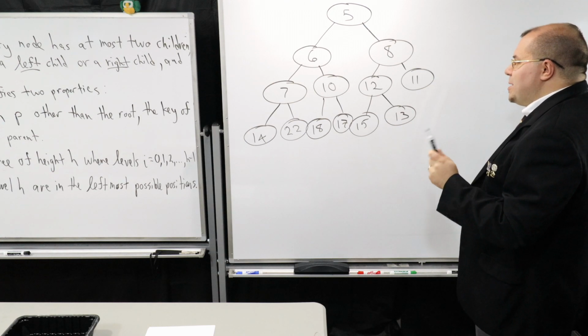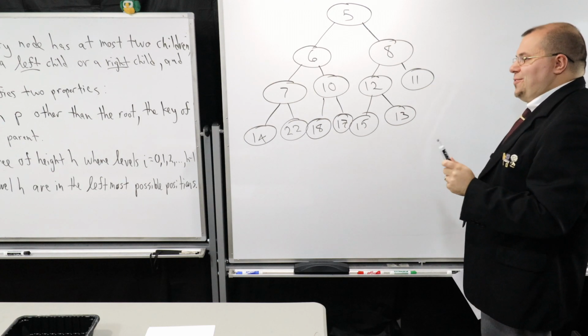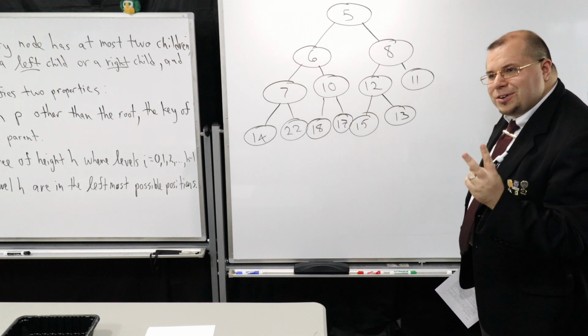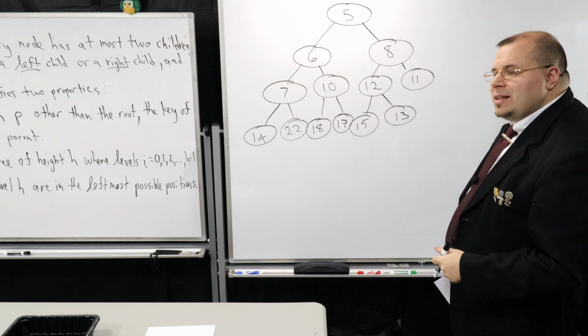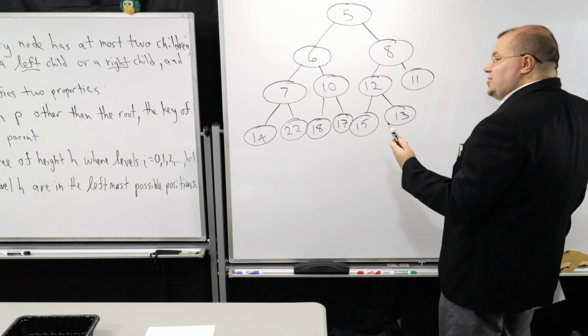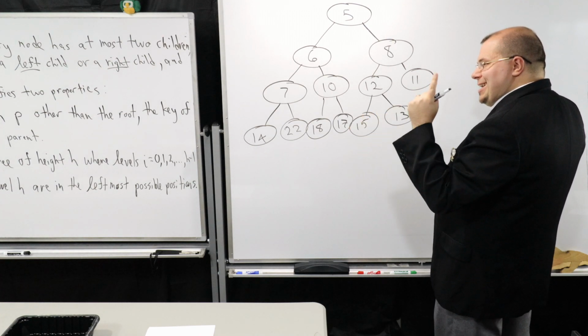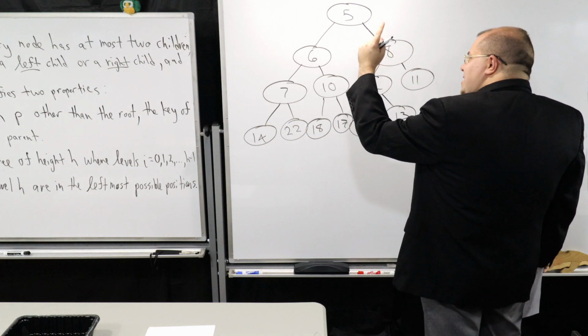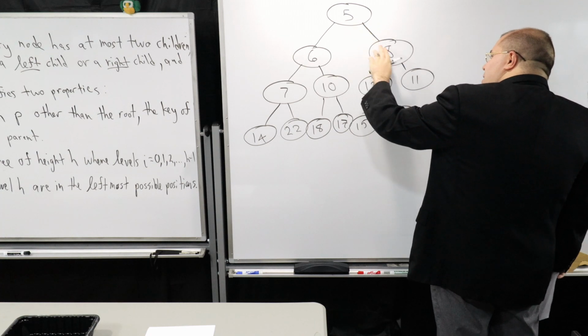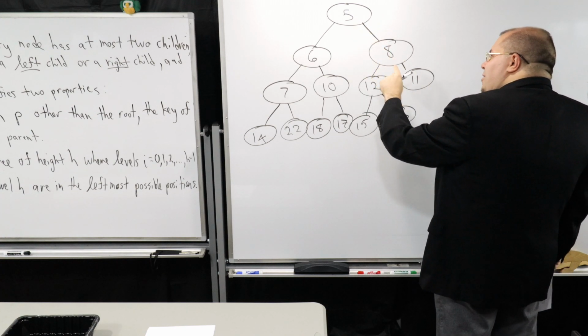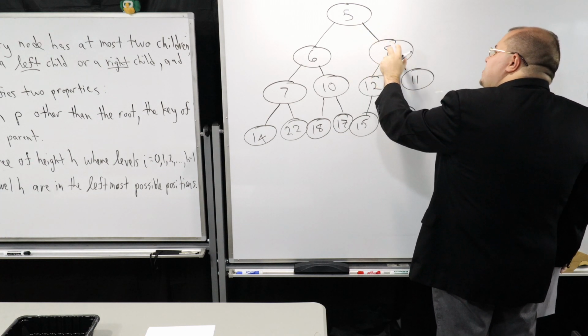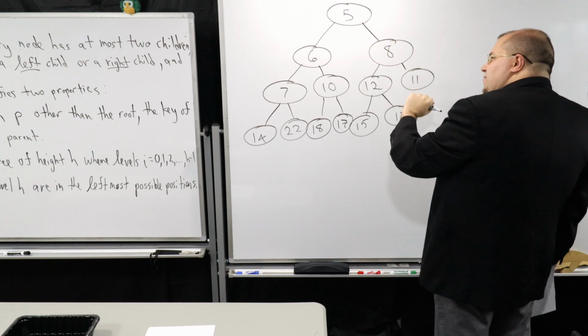So when you think about this, you have to be a bit careful, because remember, there are two properties that our heaps are going to have. Notice I have this heap order property, so if I examine any one node, like say 8, its value has to be greater than or equal to its parent's value.